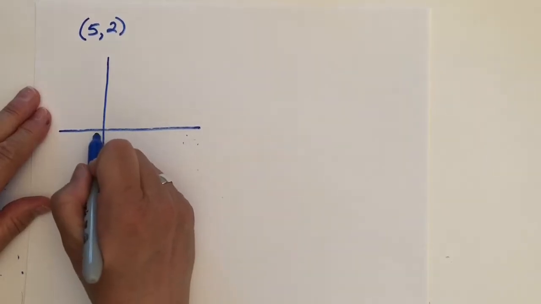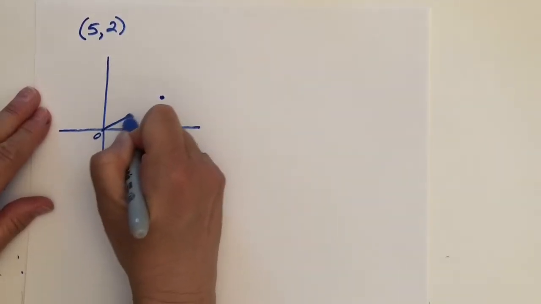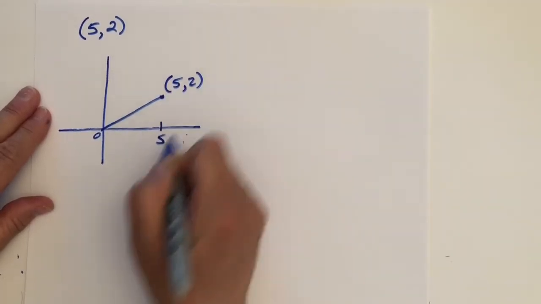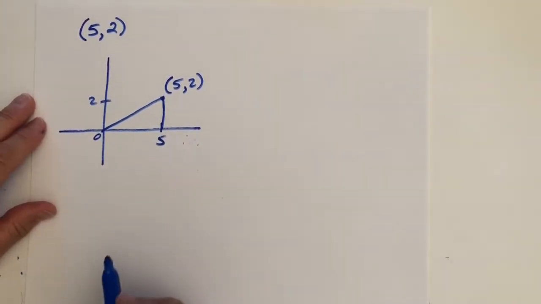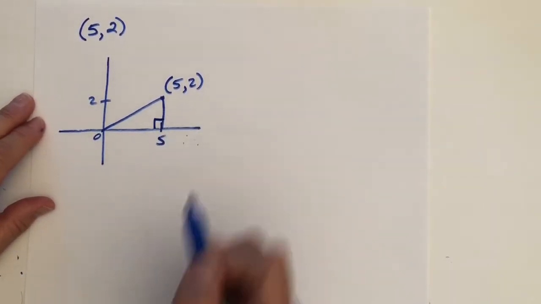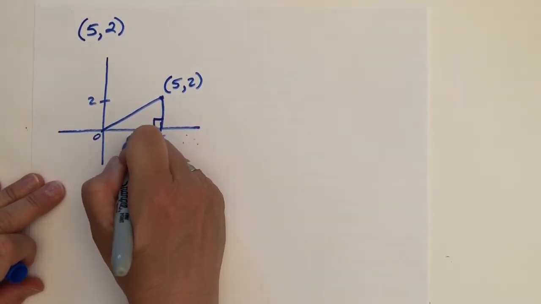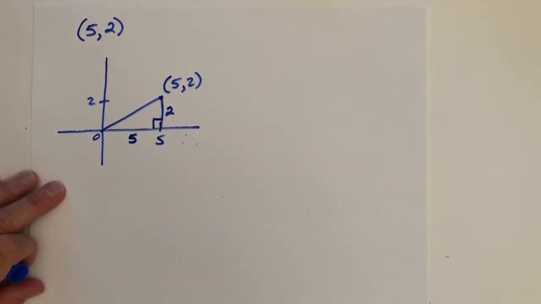So (5, 2) will be right here. So here's my triangle. This time it's not a special triangle. This doesn't represent any of our special triangles.